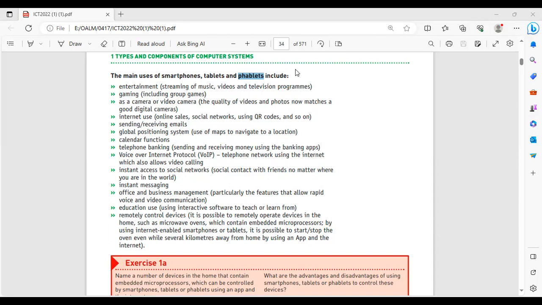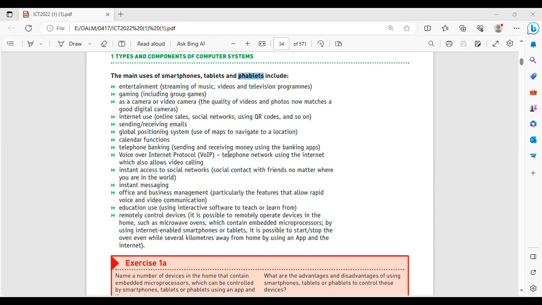What about Samsung Note 9? It could be an example of a tablet. Maybe. I mean, it's a folding device. Yes, you are right. Samsung Note 9 is basically an example of a tablet. Okay.